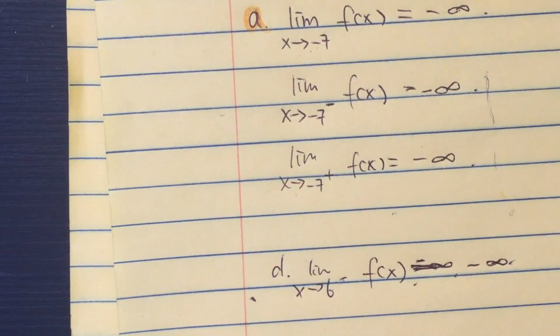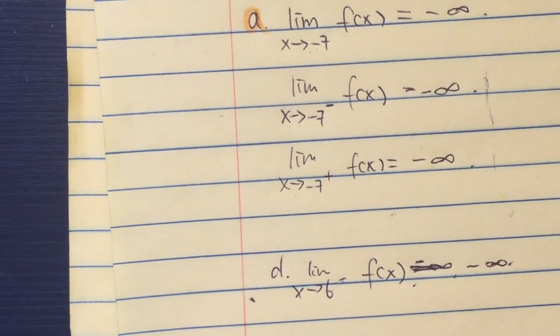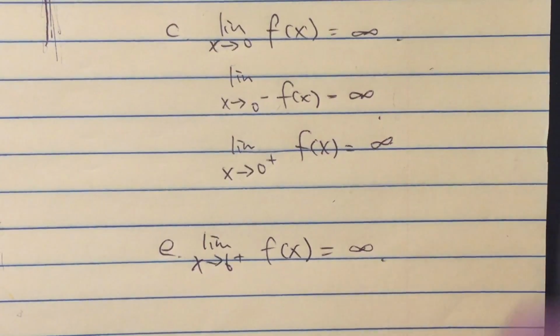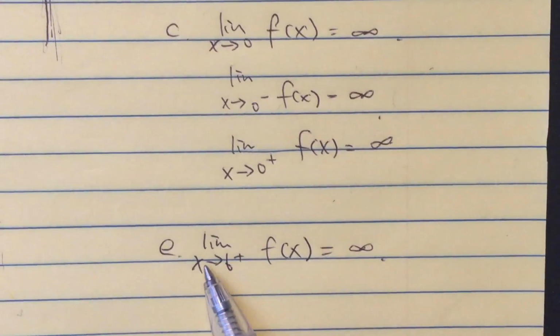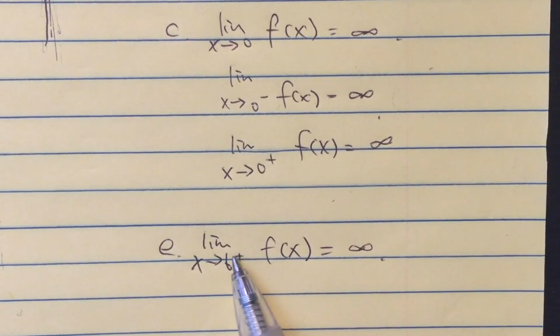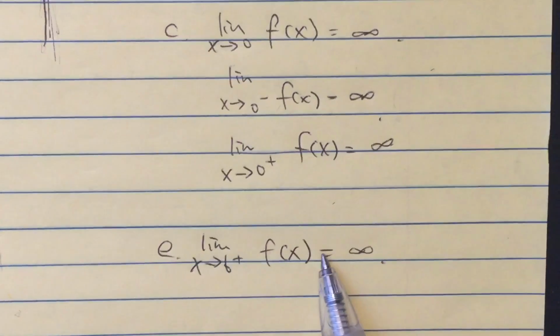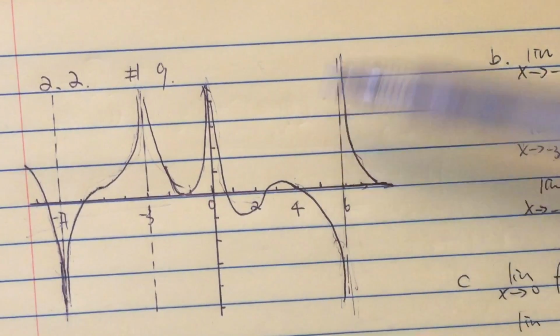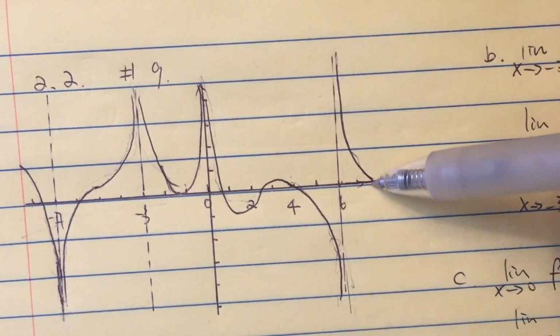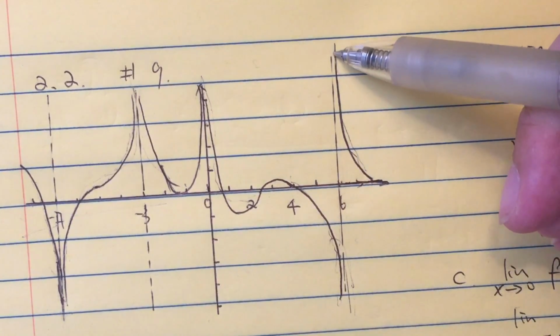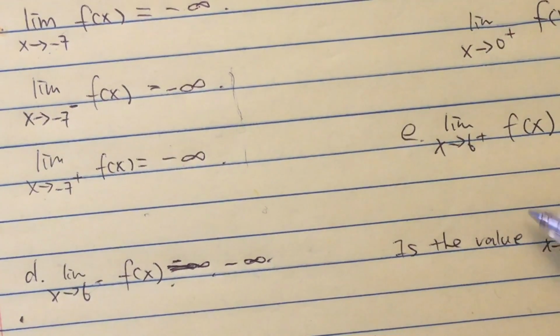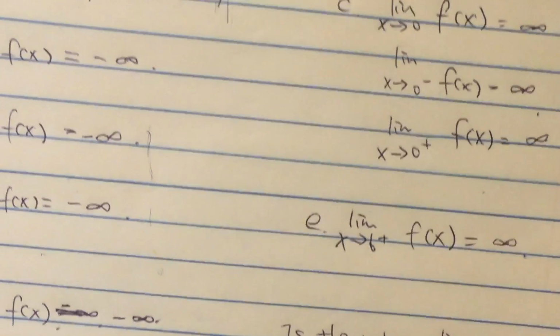Okay, it's negative. And for the last one, we need to find the limit as x goes to 6 from the right side. According to the graph, from the right side, the value of f(x) goes to infinity. So the value of f(x) equals infinity.